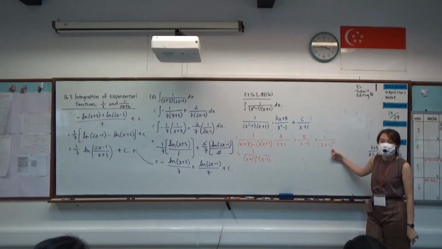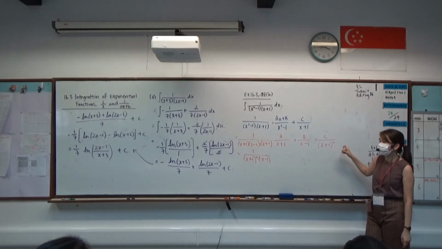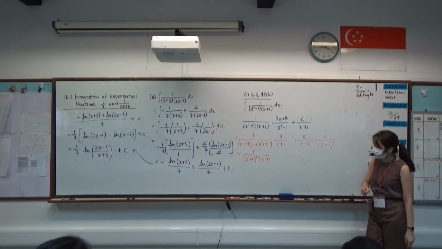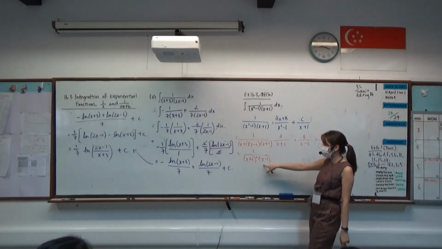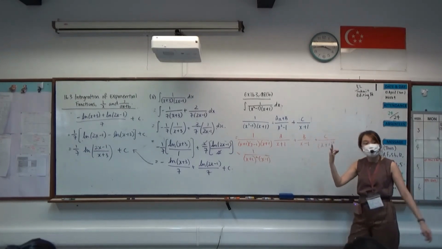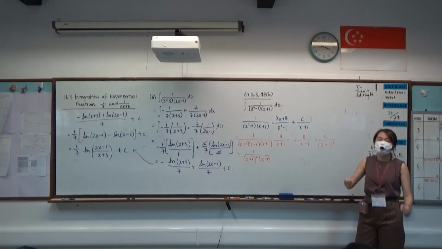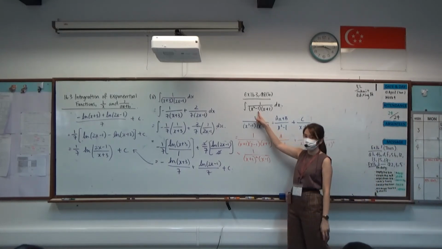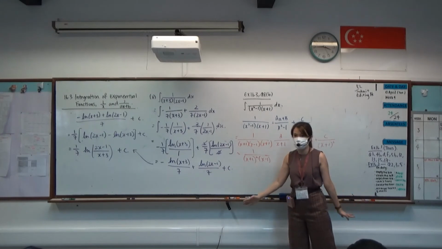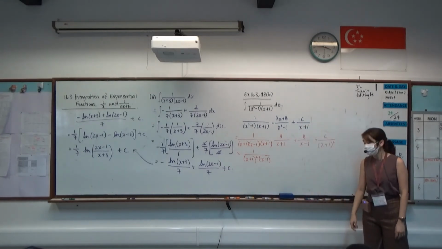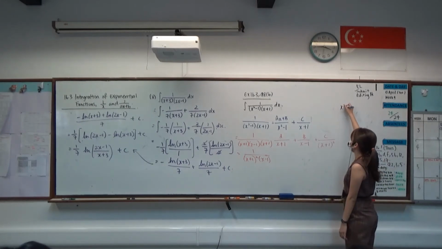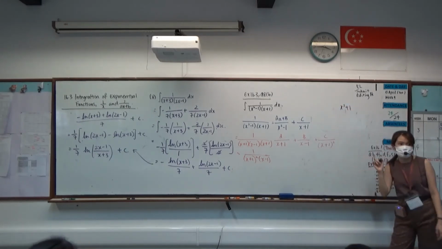I hope this is time for you to go and revise A-Maths, prepare for your mid-year exam. Then the third type is when we have a quadratic factor that cannot be factorized anymore. Example, x squared plus 1. x squared plus 1 itself cannot factorize anymore.